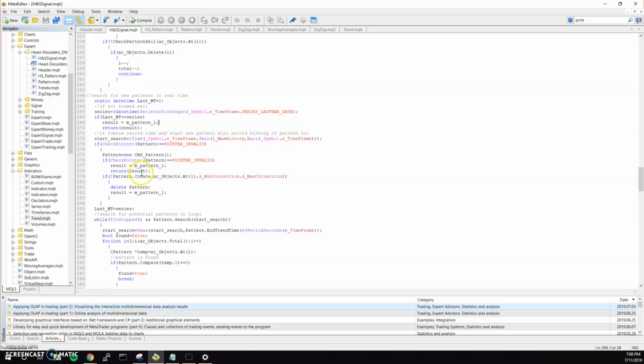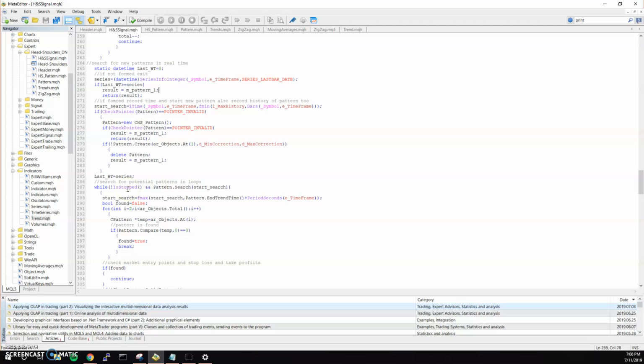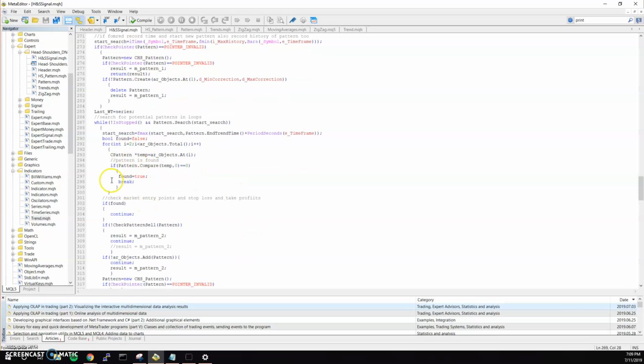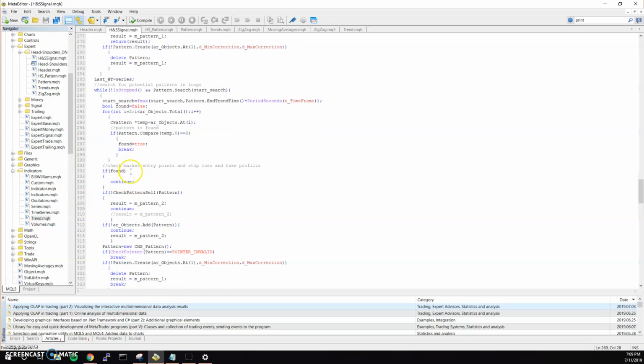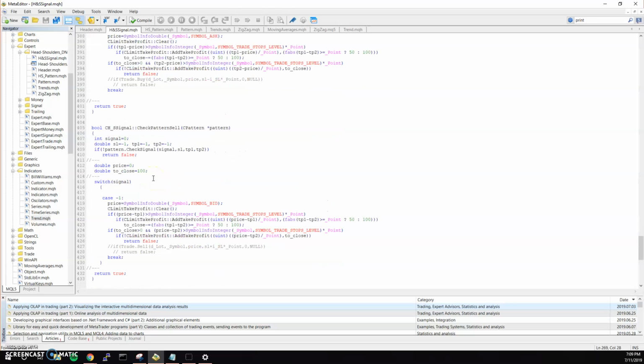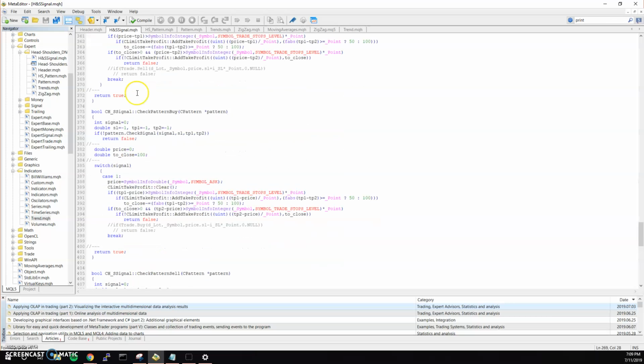Then we check for new patterns. If the pattern is not valid, or the pattern is invalid, we return again. And then we search for the potential patterns in loops. If the pattern is found, we exit out of this loop. If the check pattern returns false, that means we have a pattern, so we return false.